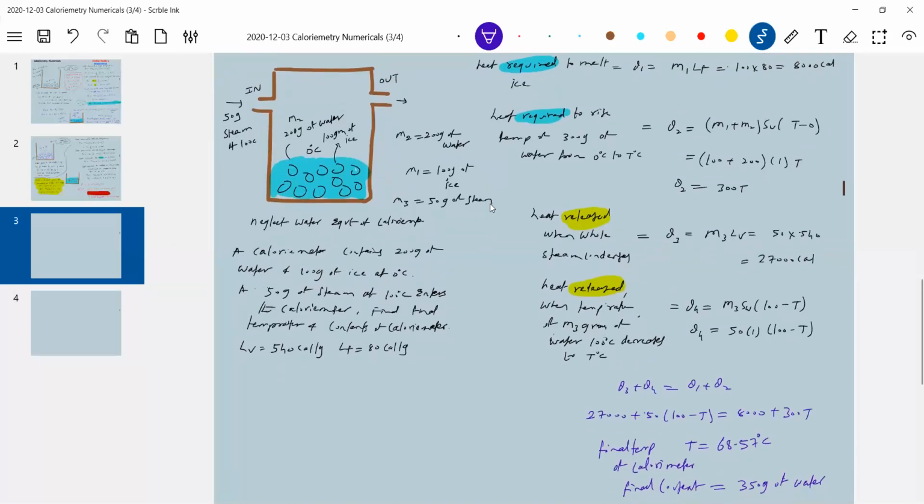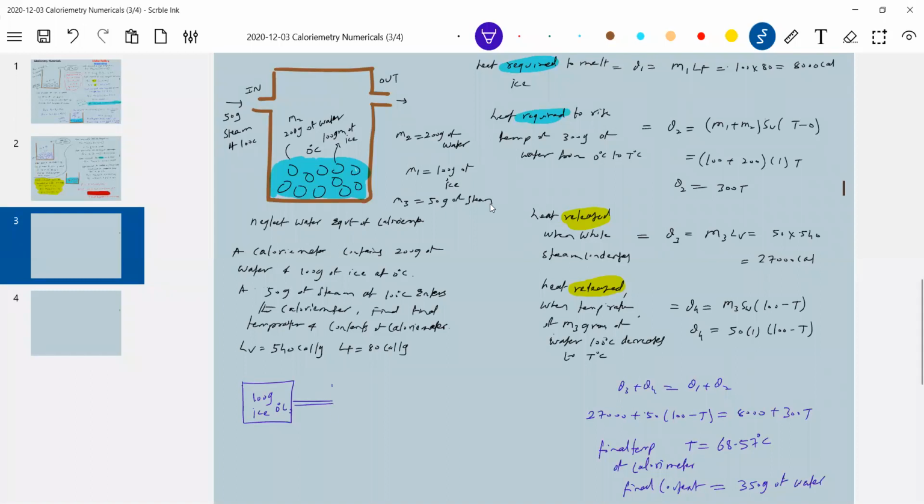Okay, I can also give a block diagram to those who are finding it very difficult. So this is 100 grams of ice at 0 degrees Celsius.